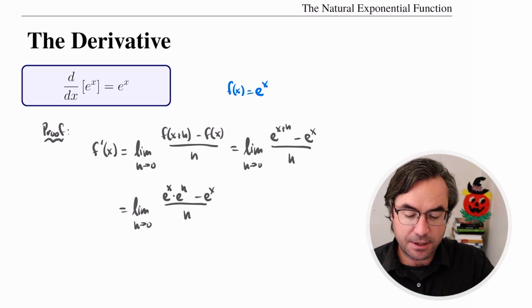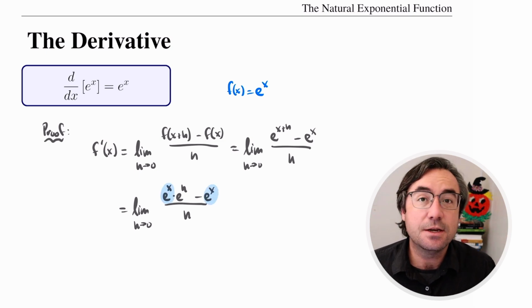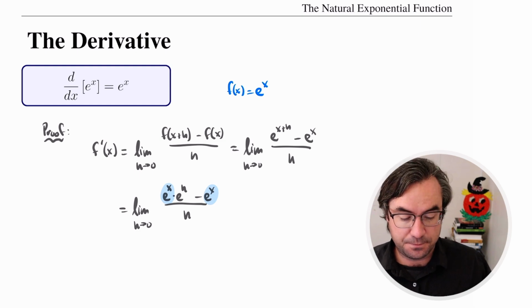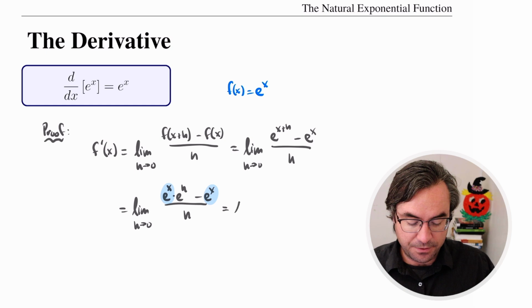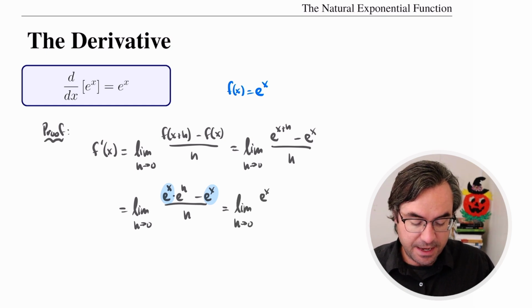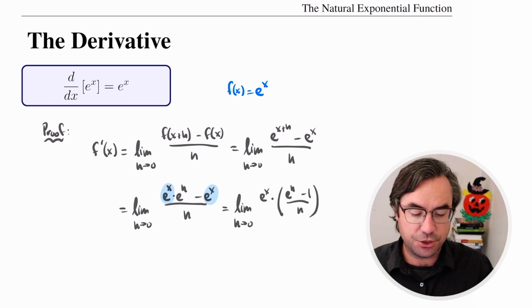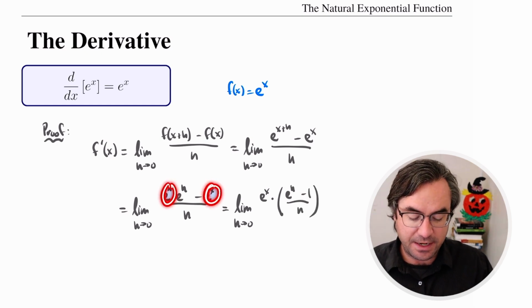And now if we look in the numerator, we have 2 copies of e to the x, we can factor out. So we end up with the limit as h goes to 0, e to the x times e to the h minus 1 all over h. So I've just factored out that e to the x.